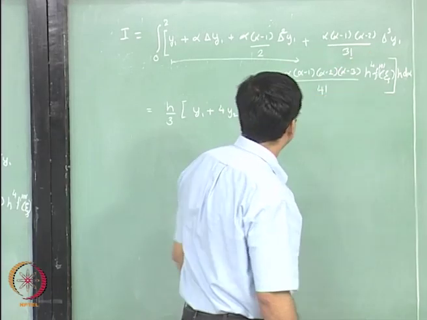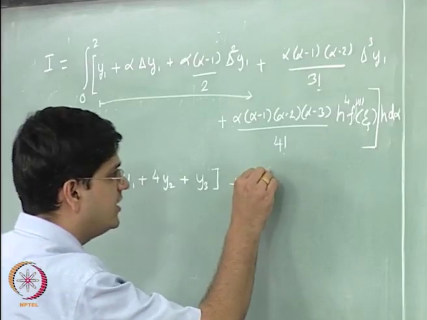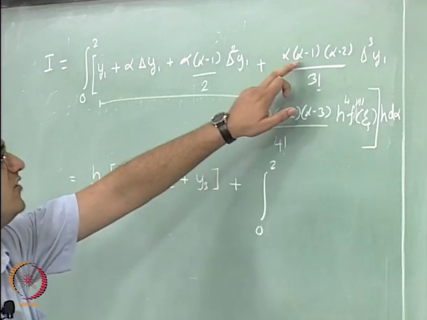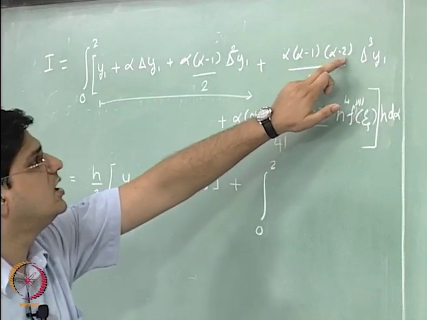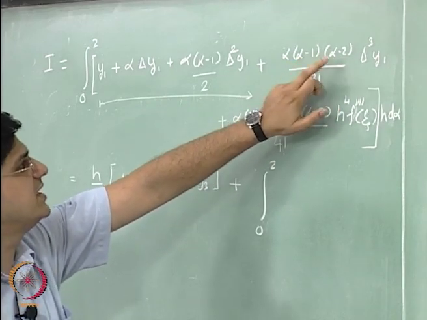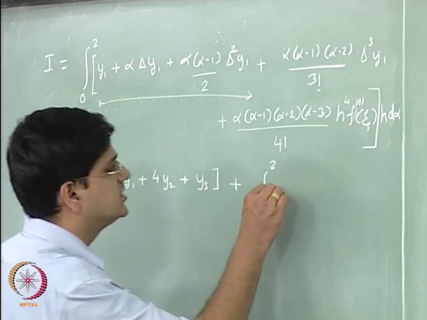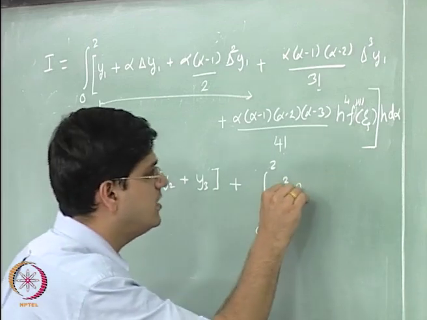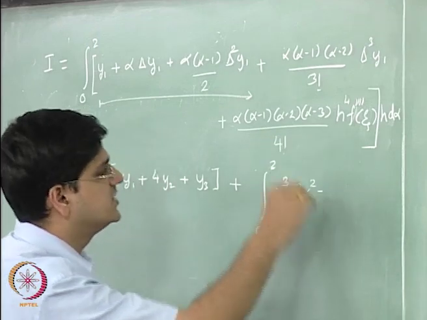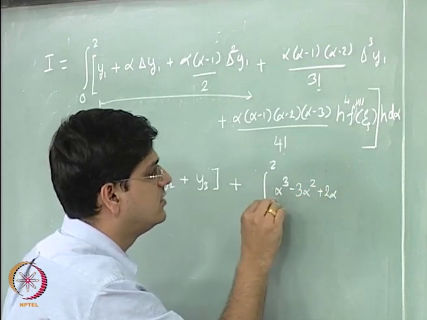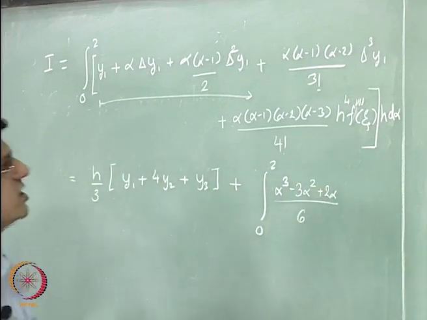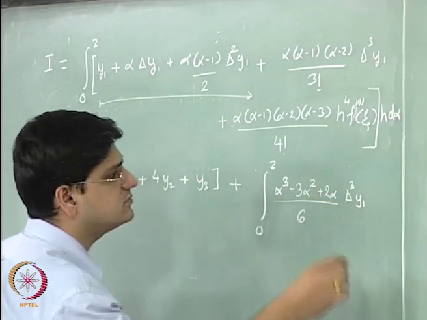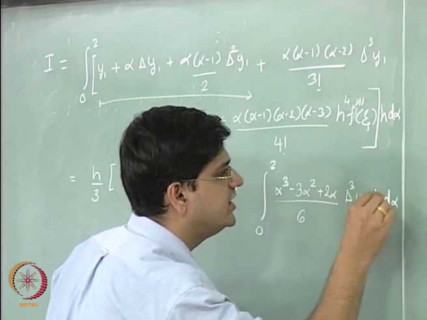Now talking about this particular term, we have the integral from 0 to 2, this is alpha squared minus 3 alpha plus 2, multiplied by alpha, so alpha cubed minus 3 times alpha squared plus 2 times alpha divided by 6, which is 3 factorial, multiplied by delta cubed y1 h d alpha.